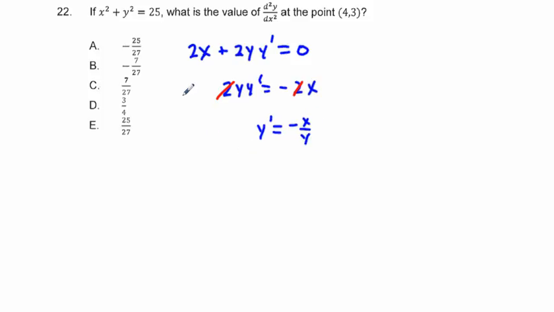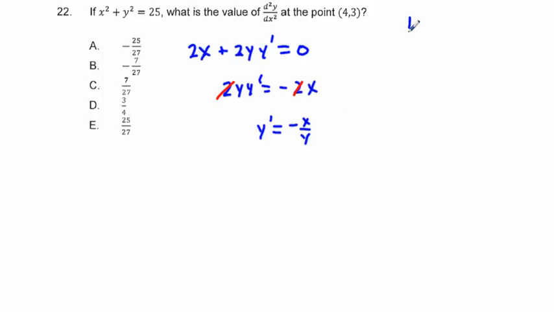Okay, so next thing we're going to do is take the second derivative of that, and we're going to be using, for this, the product rule.